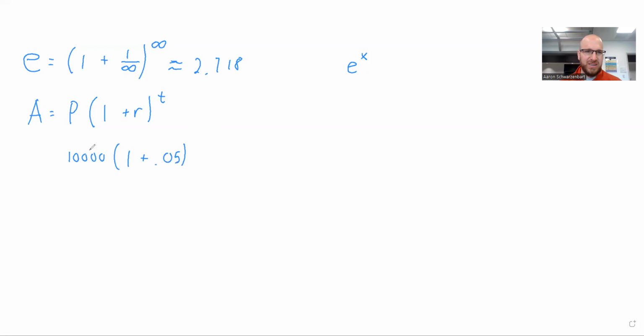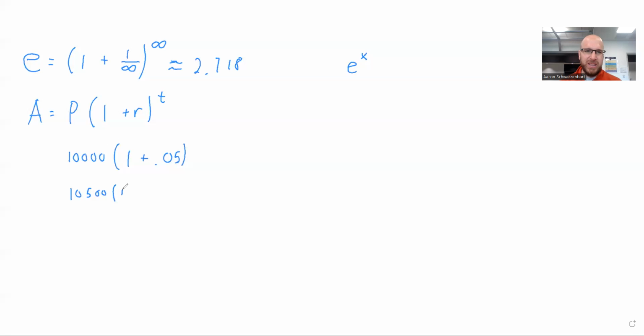Now 5% of 10,000 is $500. So that would mean I would get $500 interest every year. But with compound interest, after the first year, I get $500, so I've got $10,500.